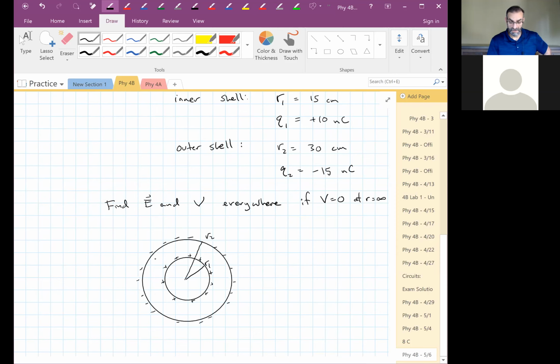Okay. Did you find all the E's yet? So let's start with R less than R1. What's our electric field when we're inside the inner shell?